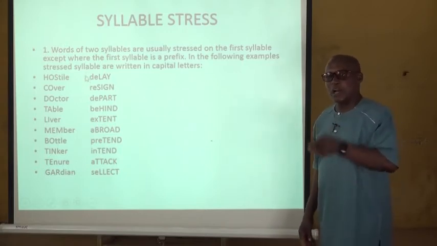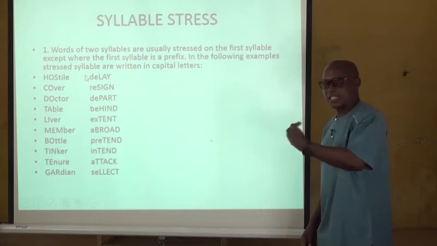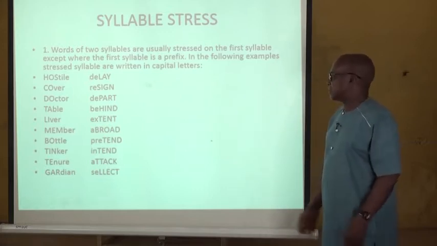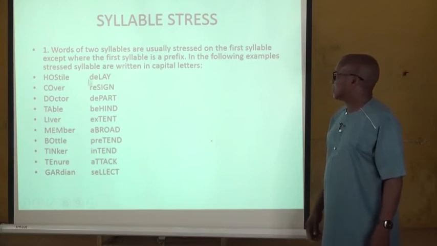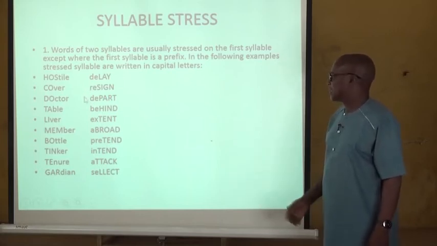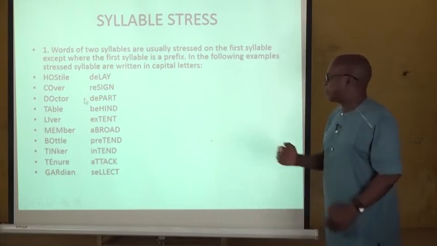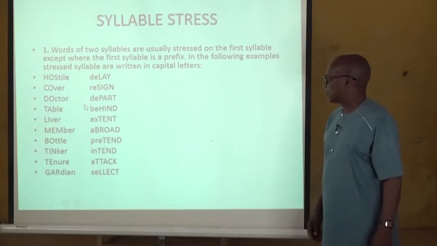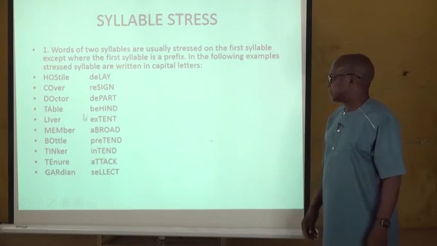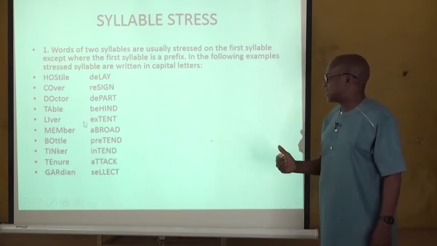Then the second, we have this one now. This stress mark shifts from the first syllable to the second syllable. This is what? Delay. Second one, resign. Third, depart. Fourth, behind. Next, extend.